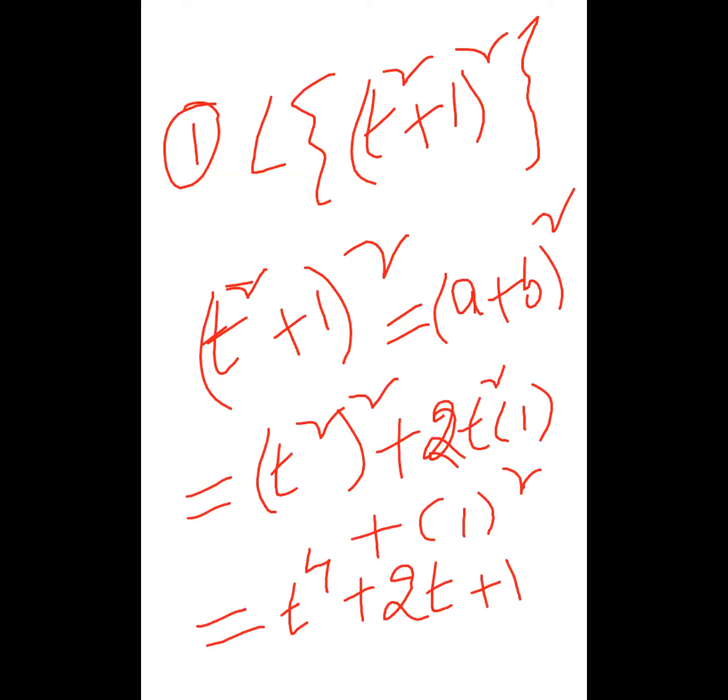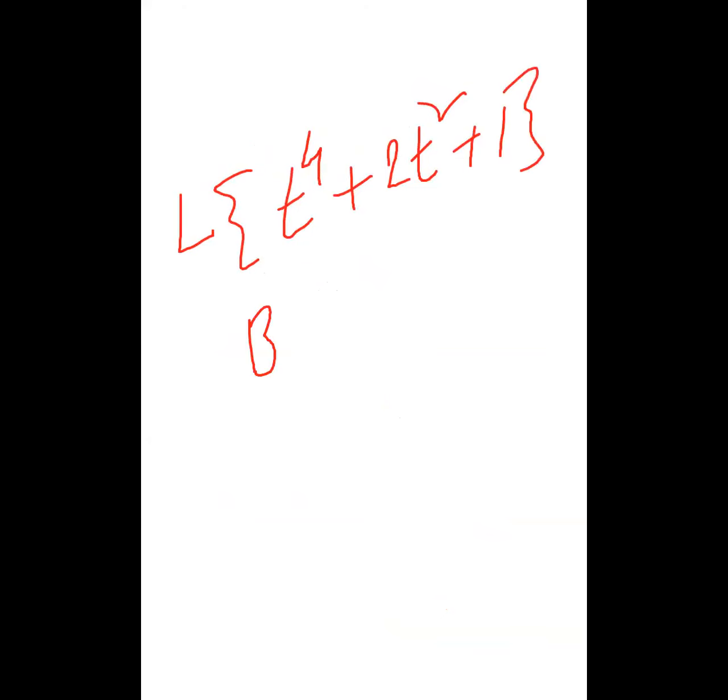Finally, we are applying the Laplace to t power 4 plus 2t square plus 1. L of t power 4 plus 2t square plus 1. By using the linearity property, here three functions of t are in between plus signs.